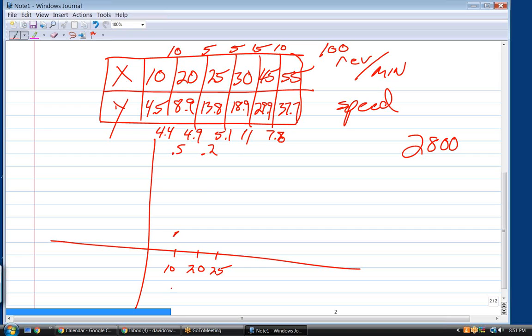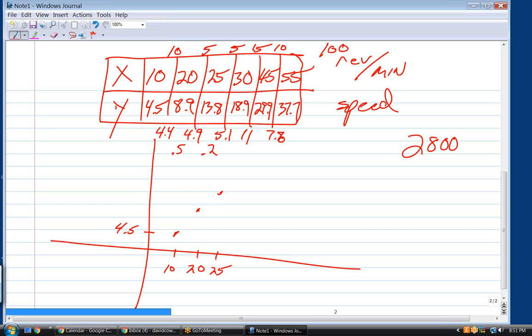No, it looks exponential. In other words, let's call that 4.5. Okay. And when it's 20, it's a little bit less than twice that.